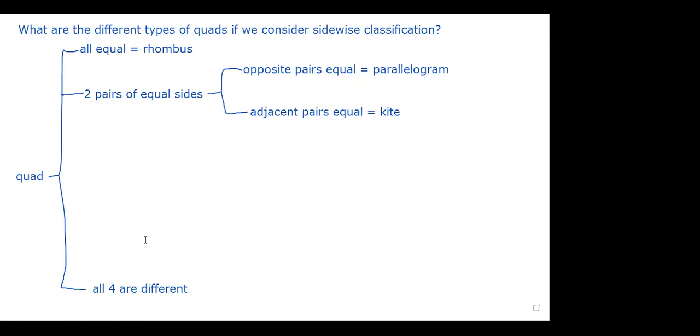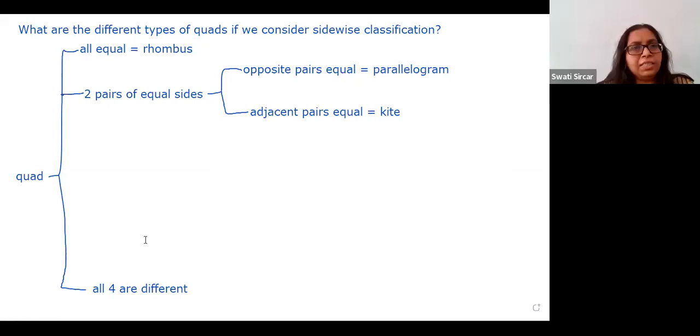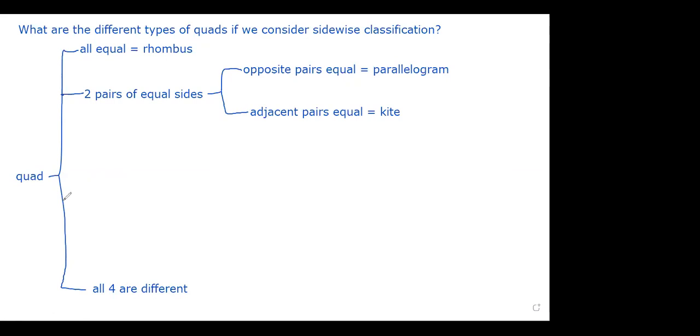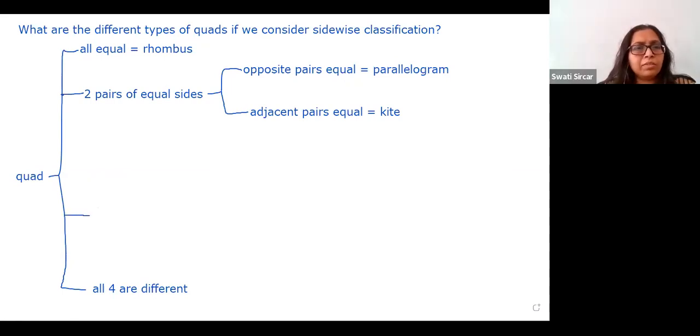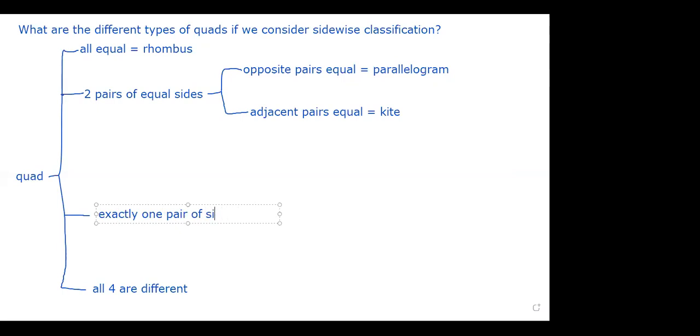One pair of sides are equal and the other two are different, right? So we will have another branch here: exactly one pair of equal sides.